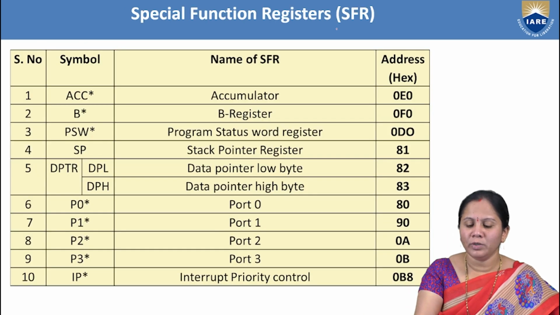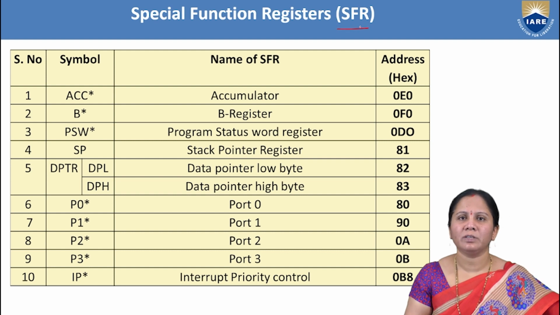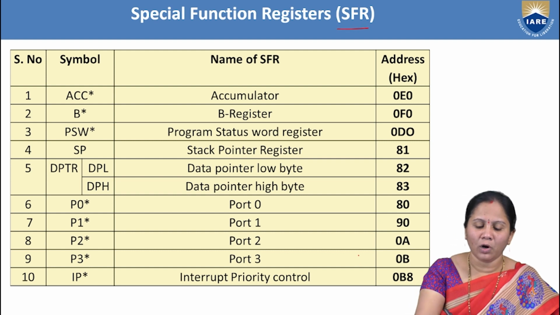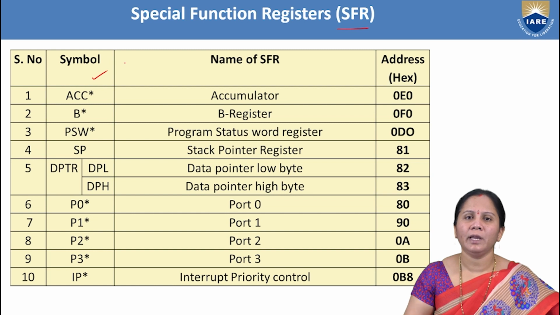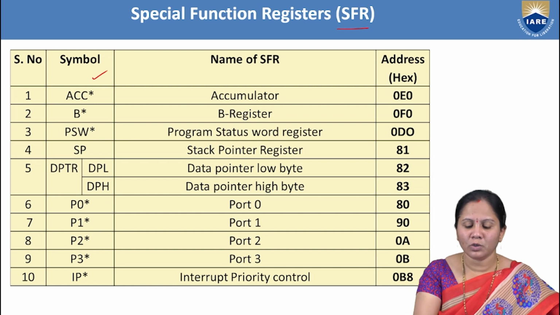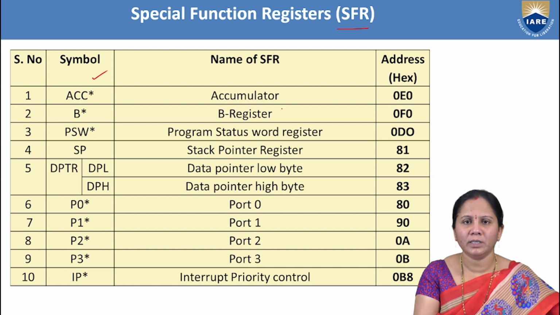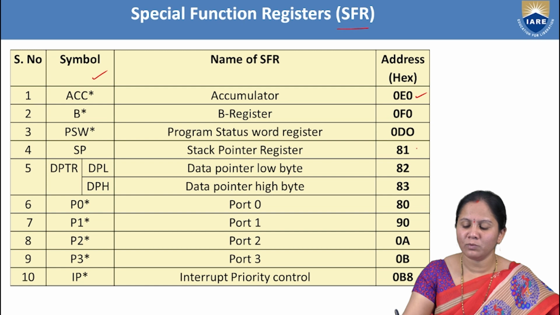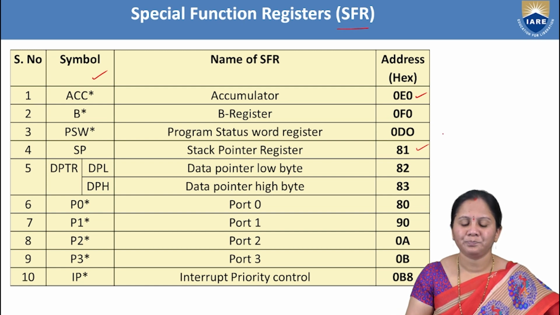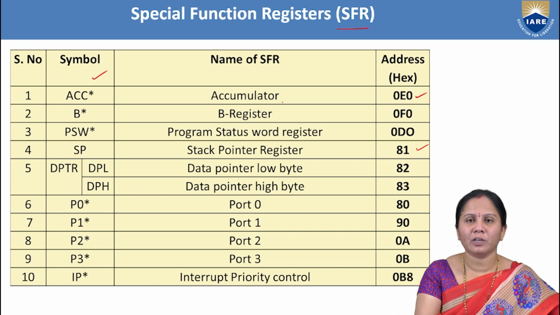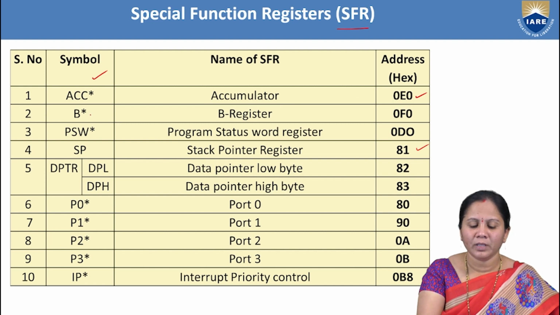Now here are some of the special function registers that are available in 8051. ACC stands for accumulator, and its address is 0E0. All these are fixed addresses for these particular registers. If we want to access these registers, we can access them through their addresses only.